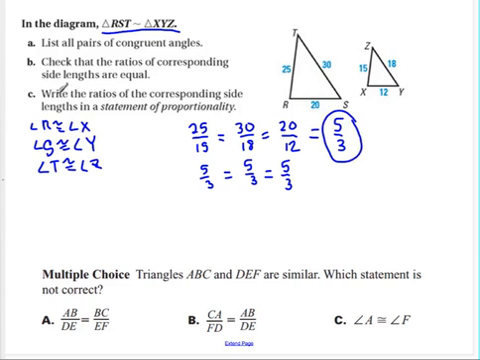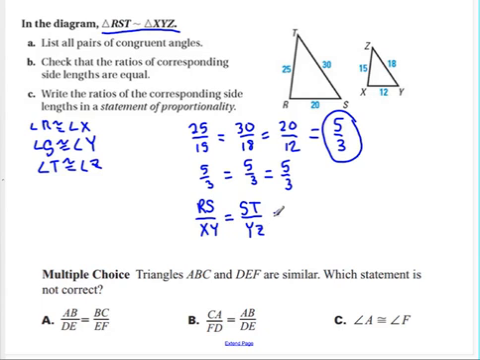Finally, part C says write the ratio of corresponding side lengths in a statement of proportionality. All that means is I'm going to compare these. Again, I'll look at my similarity statement in order to write this. So I'll just say RS, these are the first two letters, over XY, those are the first two. I'll say the second two letters, ST, over the second two, that'd be YZ.